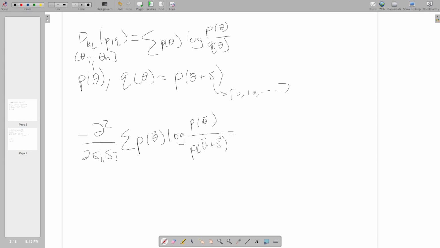And so this is equal to, if we write it out, log p of theta plus this parameter here, sigma or delta.